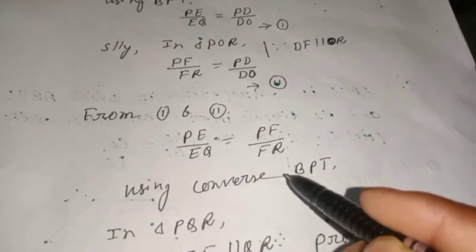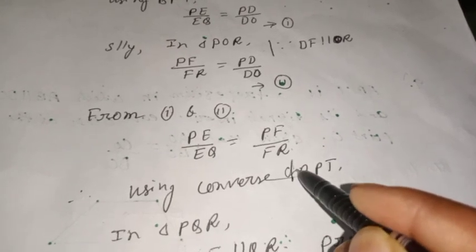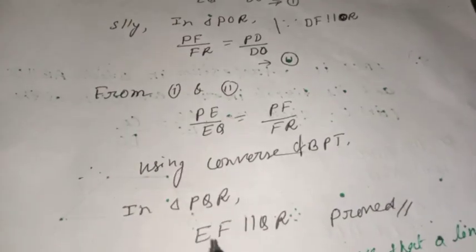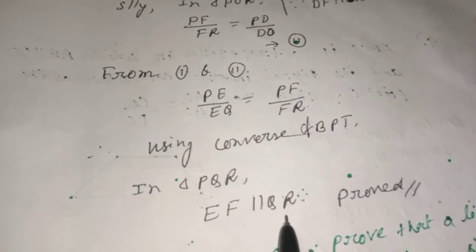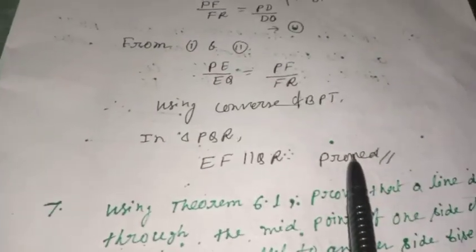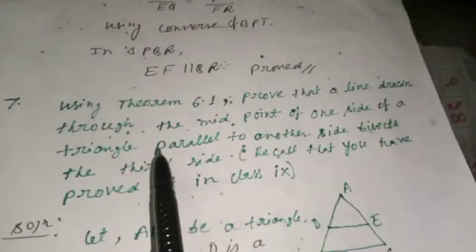So since the ratios are equal, that means what? You can use converse of BPT. Using converse of basic proportionality theorem or BPT in triangle PQR, you can write EF parallel to QR. Understood? So we got the final result. We needed to prove EF parallel to QR, so it is proved. Clear?